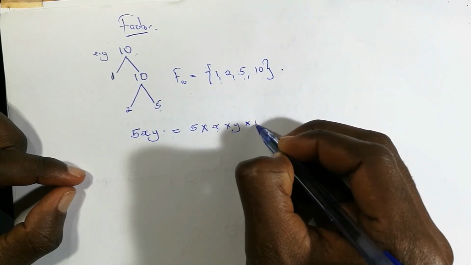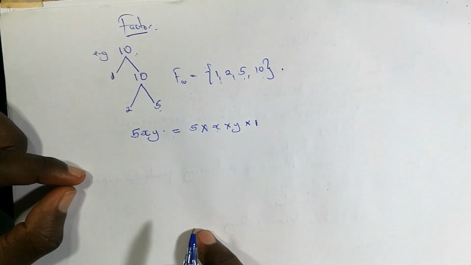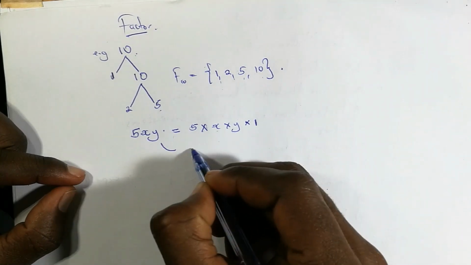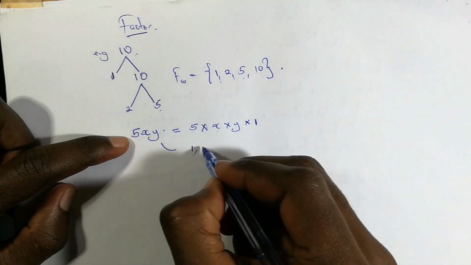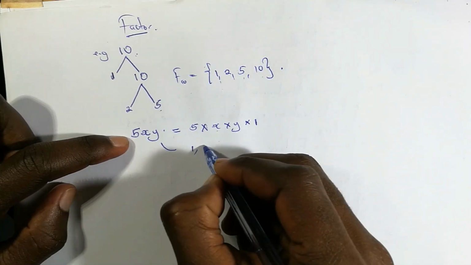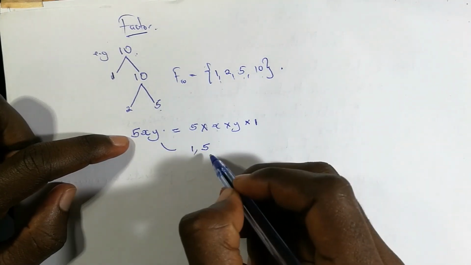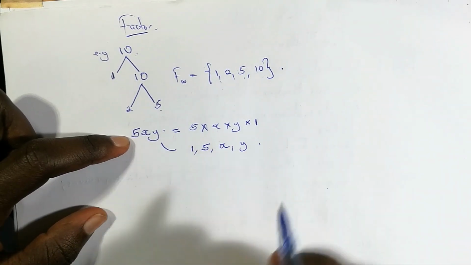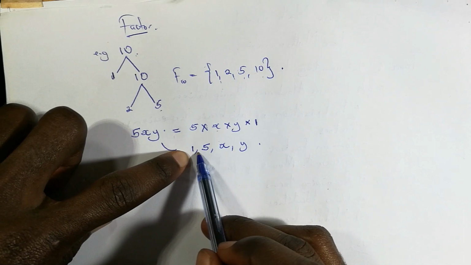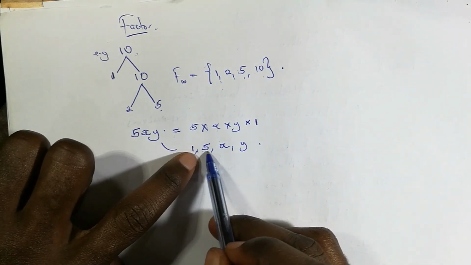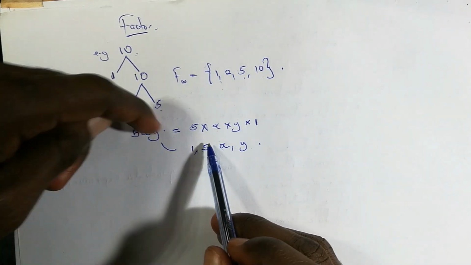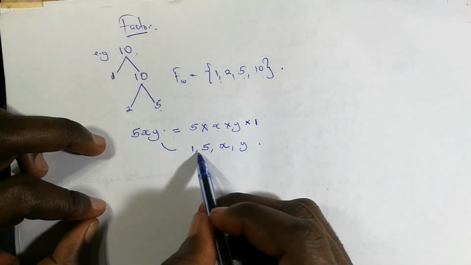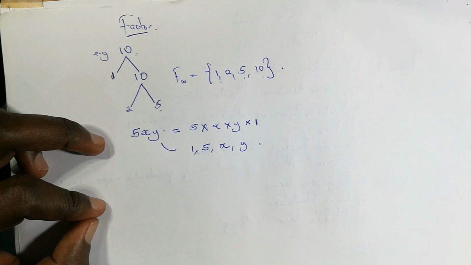That means we can also multiply by 1, which does not change that. So the factors are given by 1, 5, x, and y. If we multiply them, we can go back to 5xy. So each one of these is a factor of 5xy.